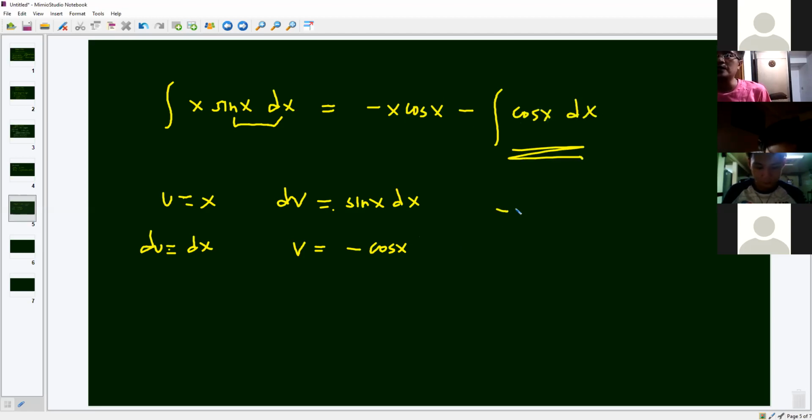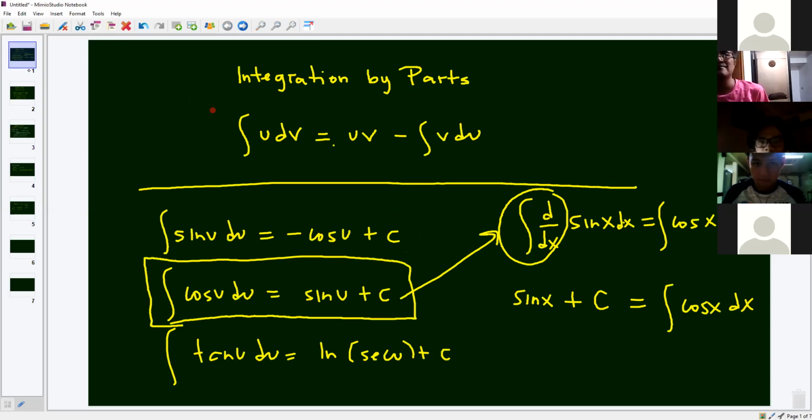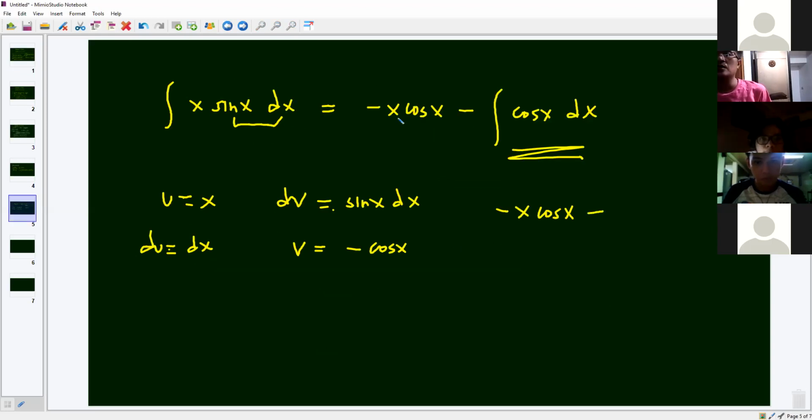So which is negative cos x, copying the first term, and the integral ng cosine ay sine. Minus negative will become a plus. So magiging sine x and then plus c. So there. Okay guys? O yan.